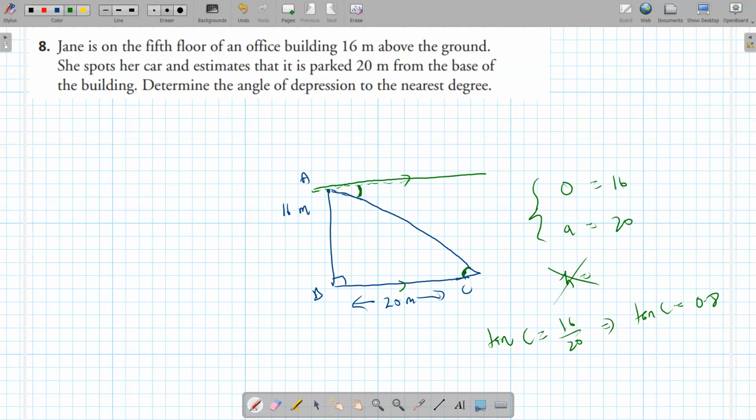That should give you the angle. Is it 38.7? Yeah, and then we can just say it's 39. And we have it, okay? If angle C is 39, that means this angle on the outside, which is the angle of depression, also must be 39.